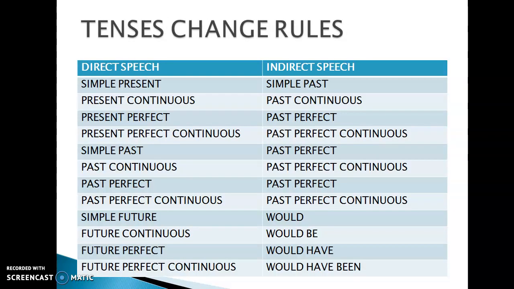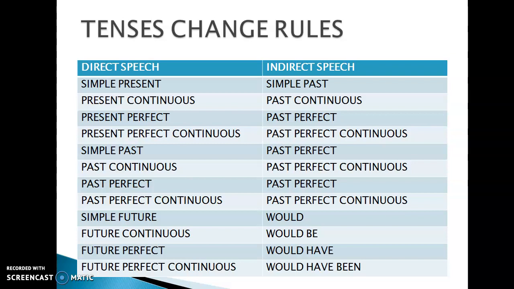Now, a quick recap of how the tenses change. Simple present changes to simple past, present continuous to past continuous, present perfect to past perfect, present perfect continuous to past perfect continuous. So all the present tenses change to past. Now, all the past tenses change to past perfect.